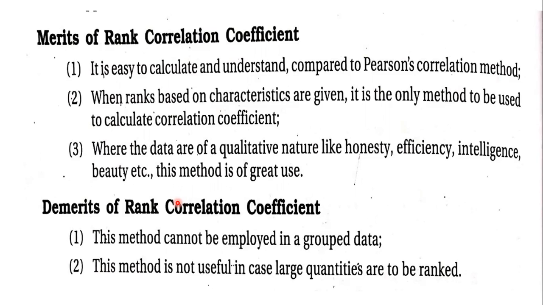If I have 1,000 people and have to rank all of them, it is not advised to use rank correlation, because you cannot sit and rank all 1,000 people even randomly. You cannot complete your work, nor will you get the answer. Those are the demerits of rank correlation.